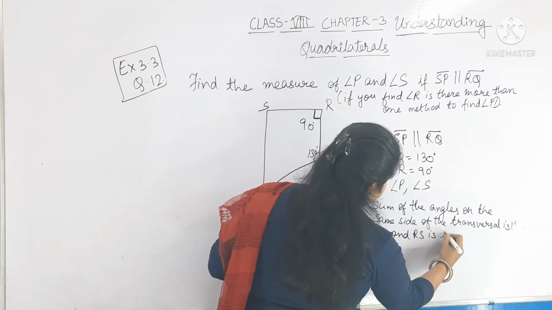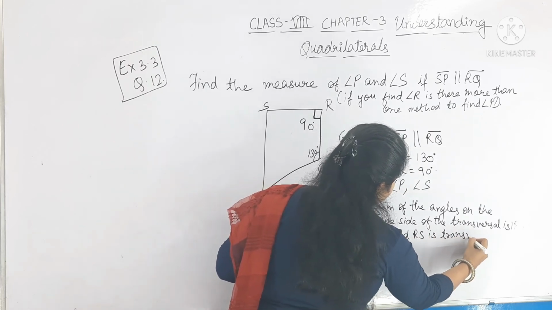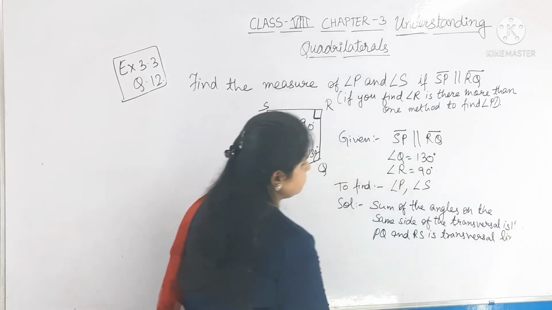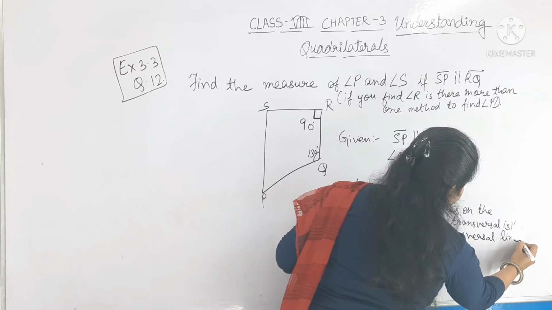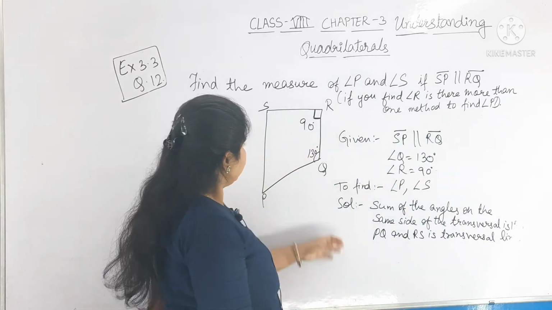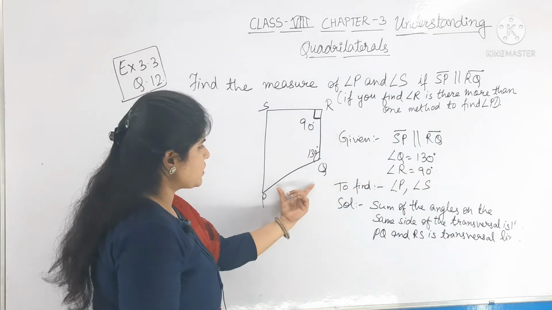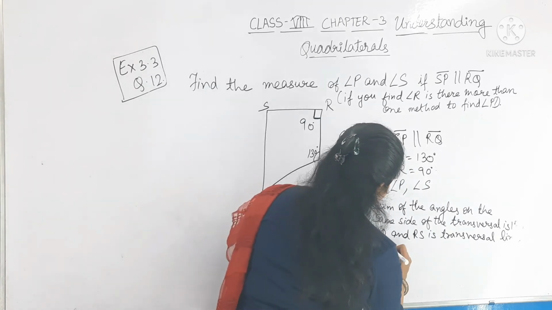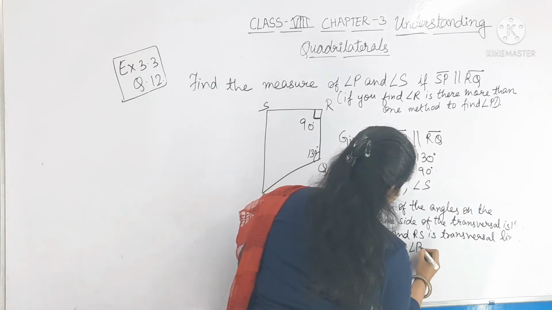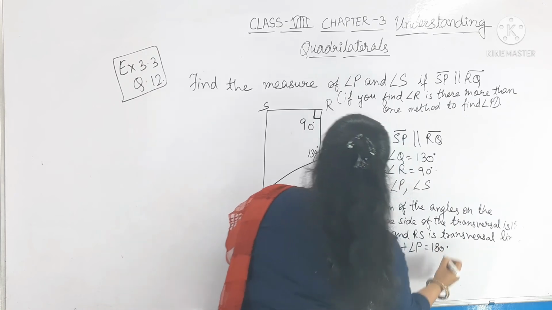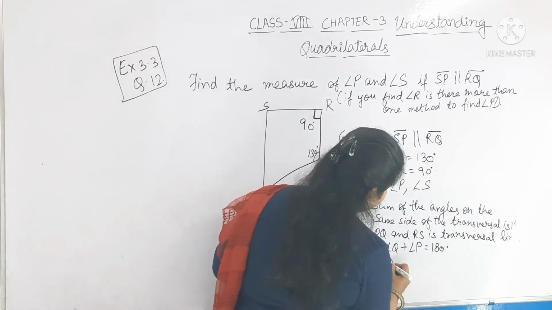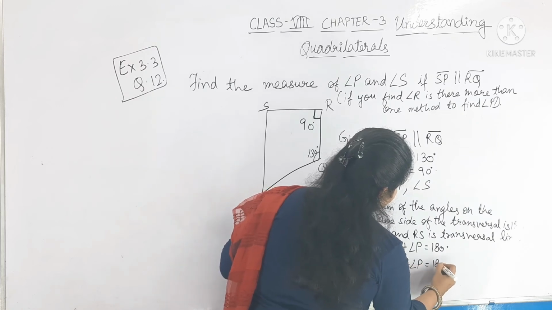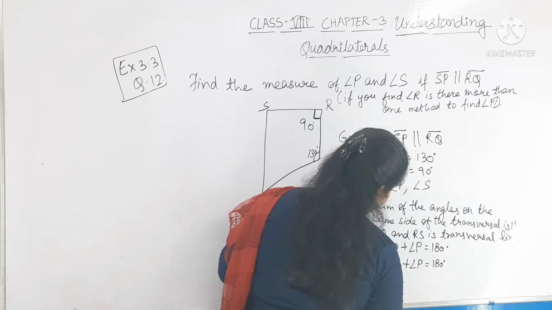It is given that SP is parallel to RQ, which means PQ and RS are transversal lines. Now you can see that this is a transversal line, so angle Q plus angle P is equal to 180 degrees. Angle Q is 130 degrees plus angle P is equal to 180 degrees.